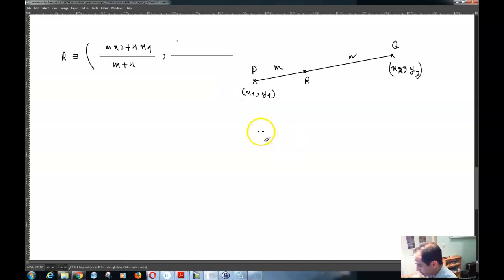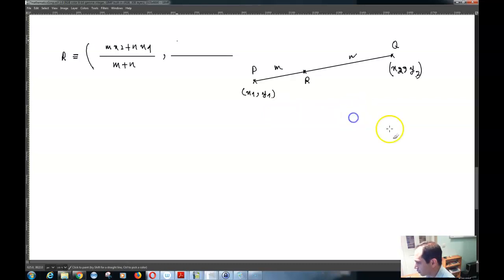there is something in these NCERT books called the basic proportionality theorem. And what that is, I don't really remember.